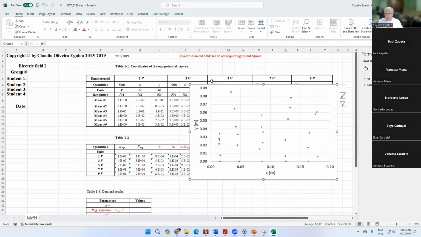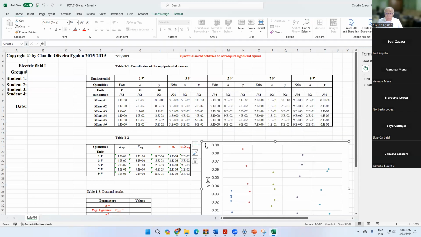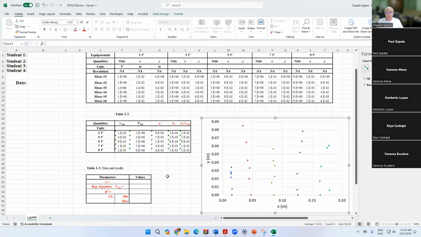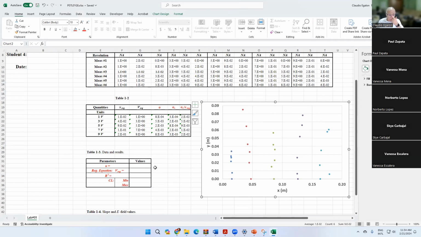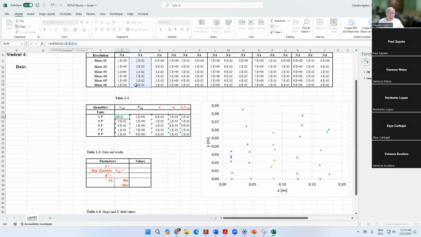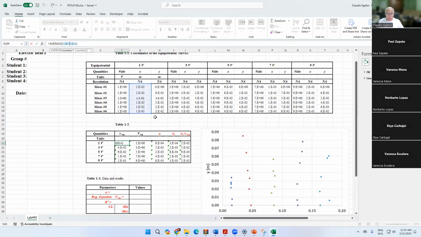So what are you doing? The spreadsheet has already been programmed to take the average of X for each of their respective equipotentials. Okay. So here you go. Average of those values for 1 volt, average of those values for 3 volts, average of those values for 5 volts, and so on, right? 7 volts and 9 volts.